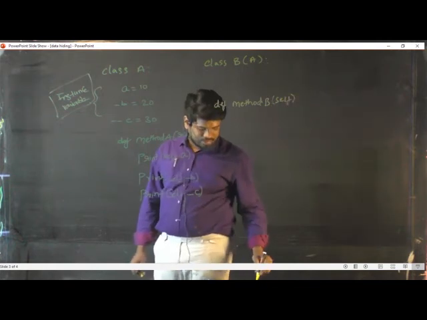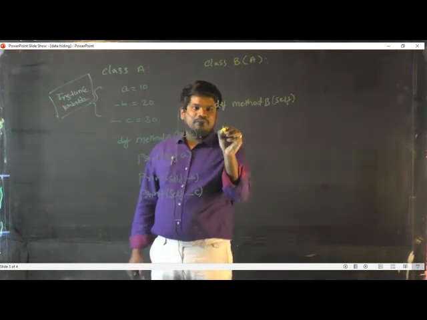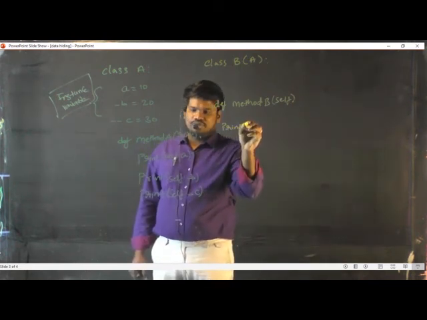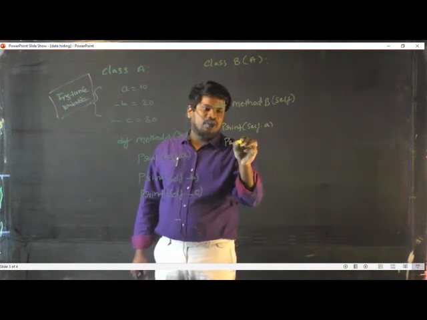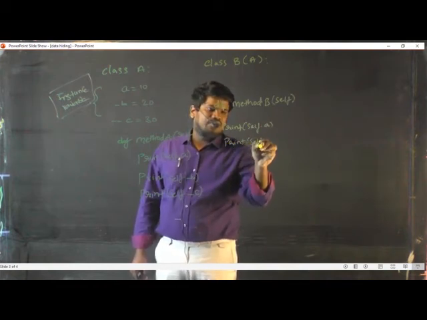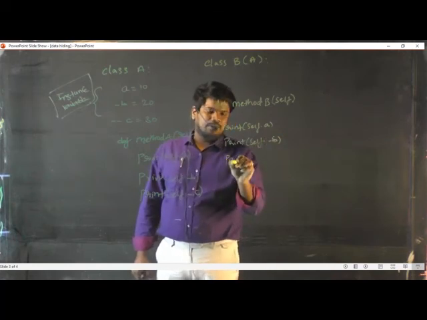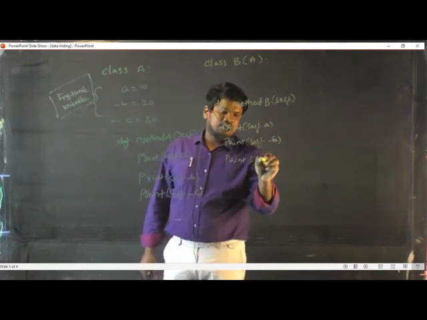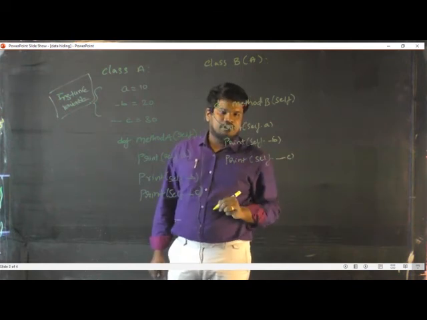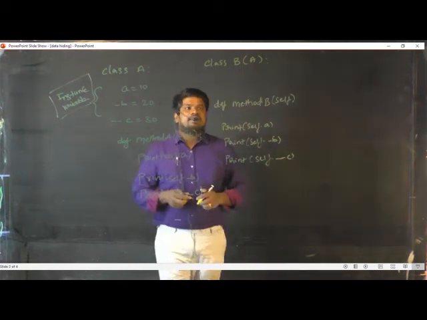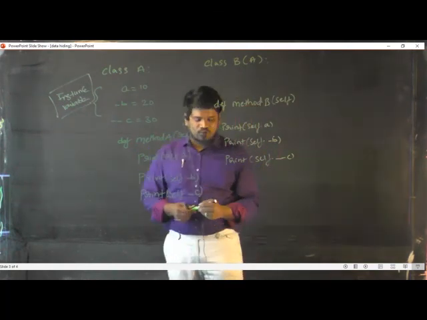Here I am writing print of self dot A, print of self dot underscore B, and print of self dot underscore C. I'm done with class B.